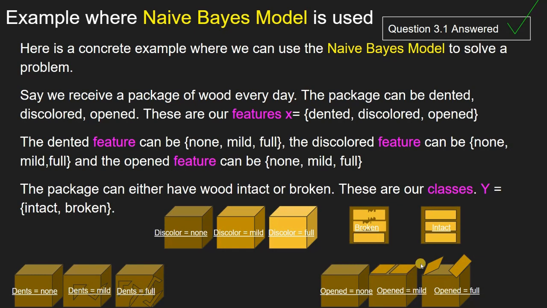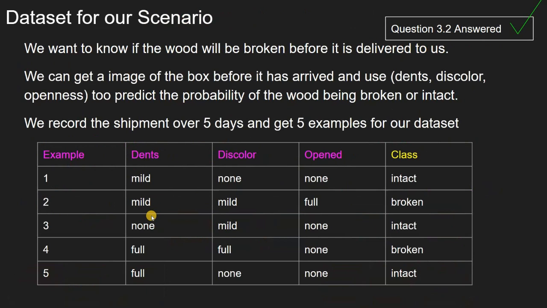Now, the package can either have wood that is fully intact, or wood that is broken within it. These are our two classes. So our set of classes Y is equal to intact and broken. And this should answer question 3.1. All right, let's move on.